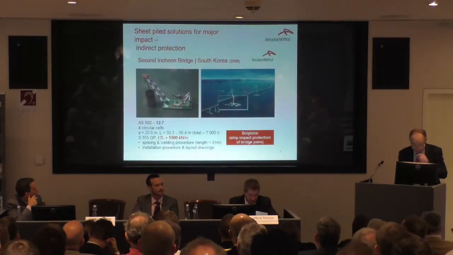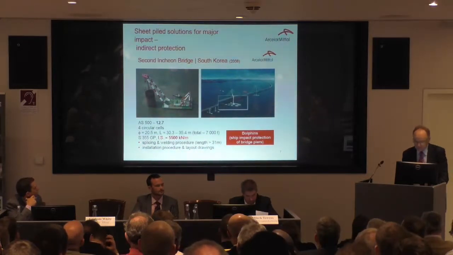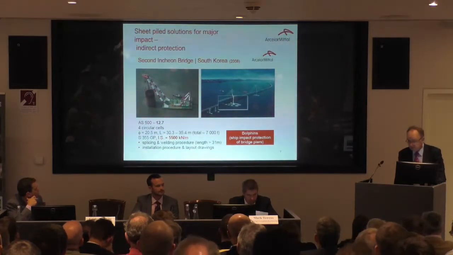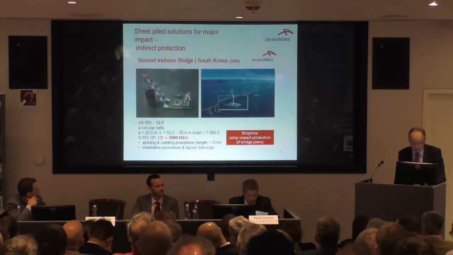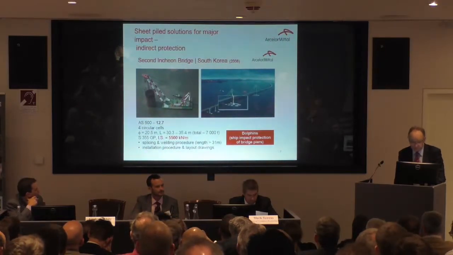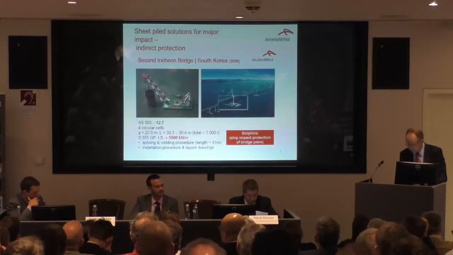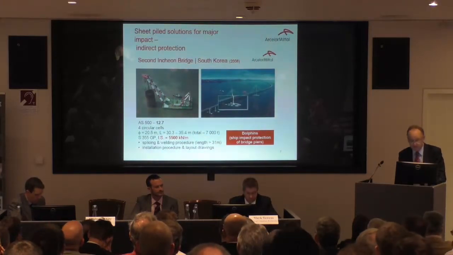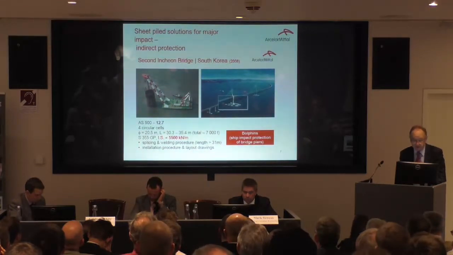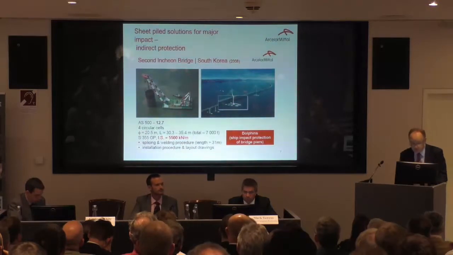So we'll start by looking at some indirect protection of bridge piers, and this is at the top end of the scale for impact velocity from large ships. So we're looking at very heavy gravity structures using sheet piles, in this case at the Second Incheon Bridge in South Korea, 2008.